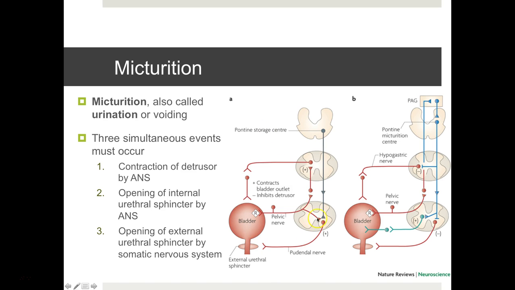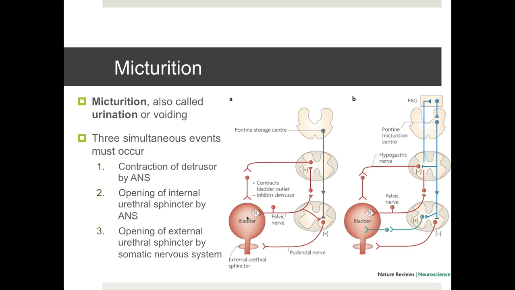But this image here is going to show us the urine storage reflexes. So we get distension of our bladder, filling it up, and we're going to produce low-level vesicle afferent firing. So we're basically sending information over to our central nervous system saying, you know, our bladder is full.